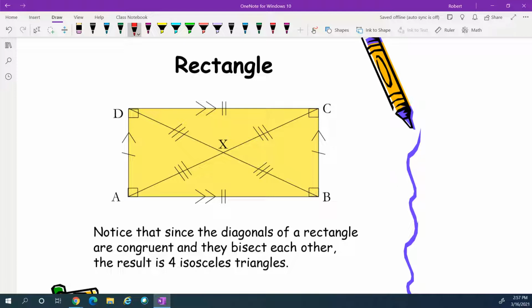So look at the diagonals were congruent, but then they're also bisected. So we actually have 4 isosceles triangles.